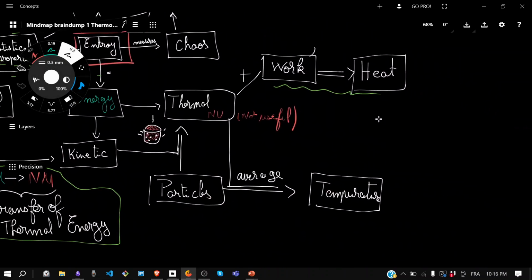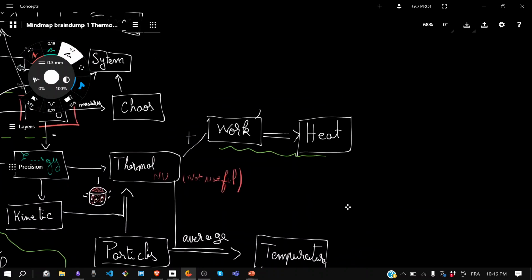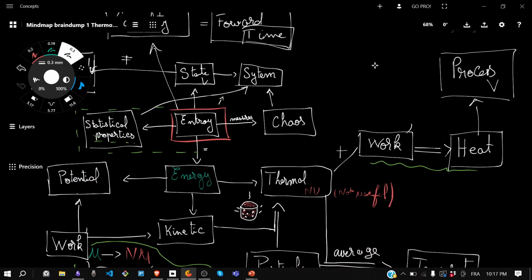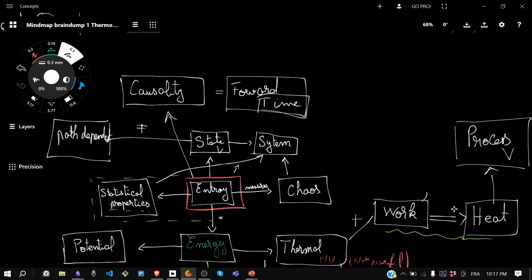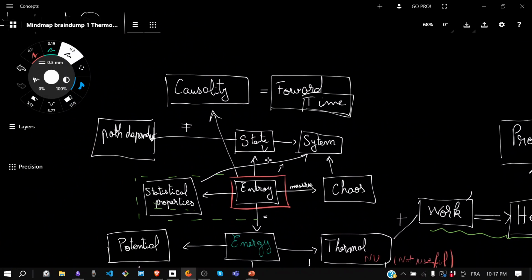So back here, we know that heat is a process variable, and it's also path dependent.